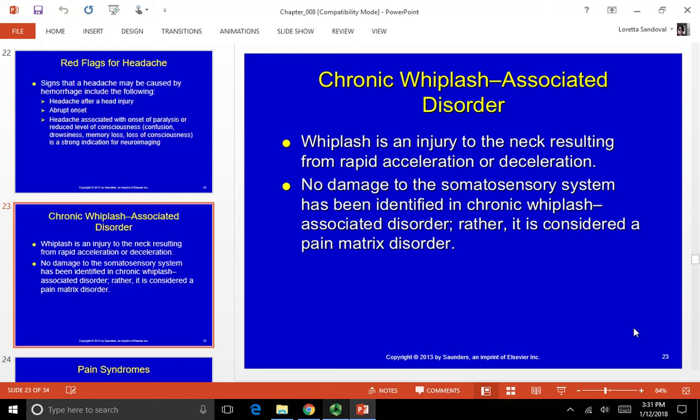So the rest of the people, the 66%, had nociceptive pain, and they didn't have all those symptoms. But there are no differences between the two groups in terms of pressure pain thresholds and psychological distress. But because there's no damage to the somatosensory system, it is considered a pain matrix disorder.